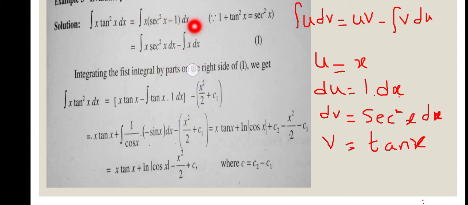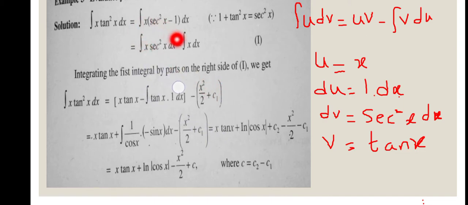Now we can solve this integration simply by applying the simple procedure of integration. The power of x here is 1, and the integration of x will be x raised to the power 1 plus 1 divided by 1 plus 1, plus c1, where c1 is the constant of integration.